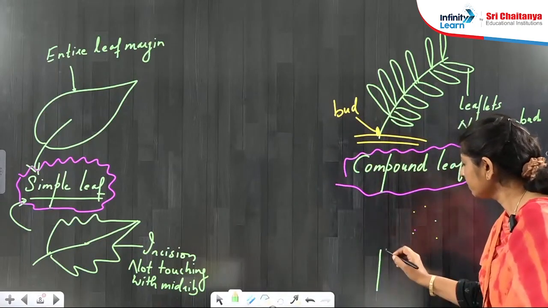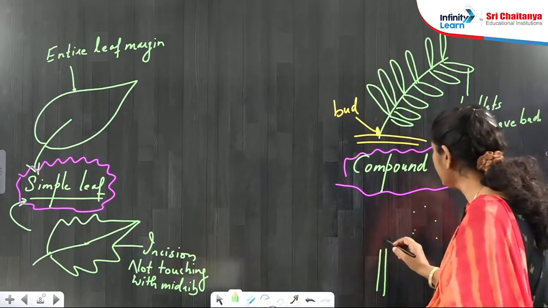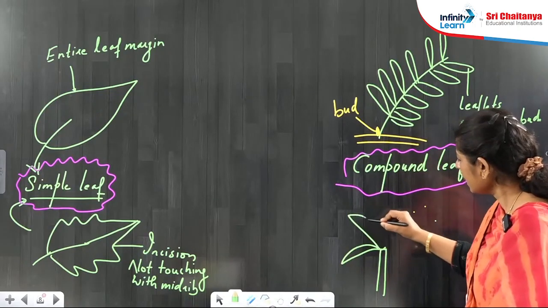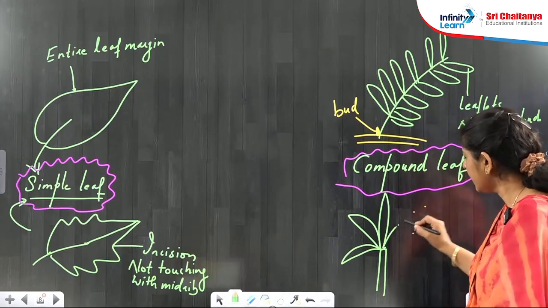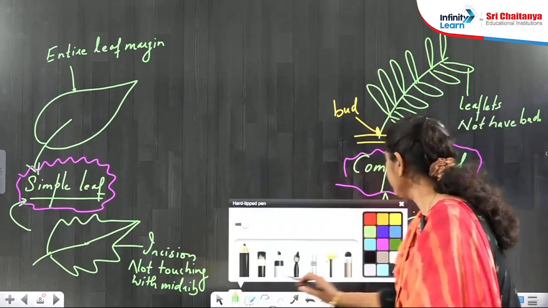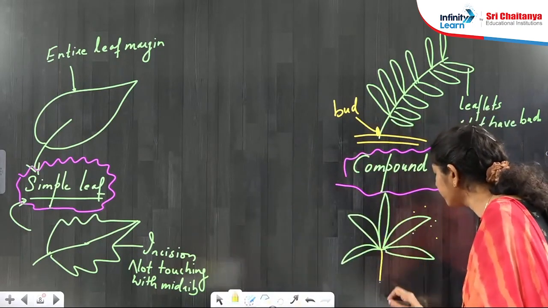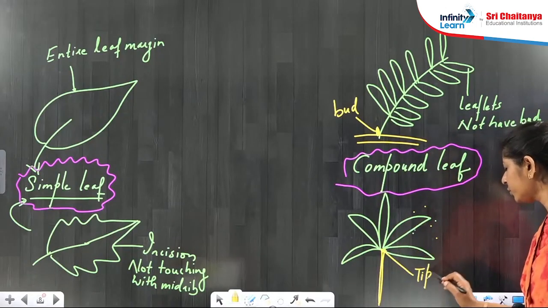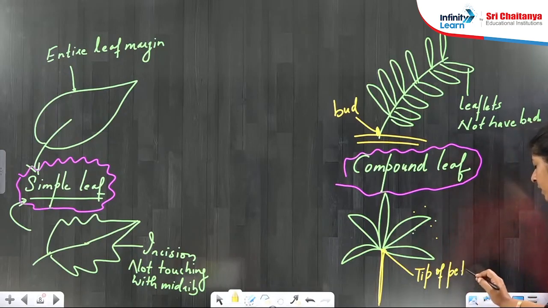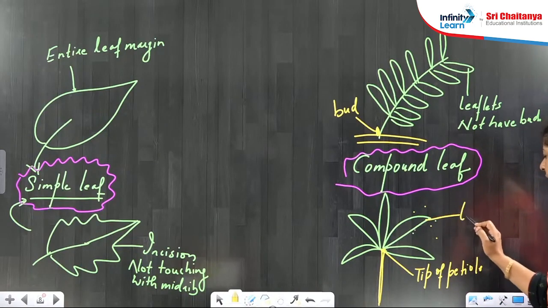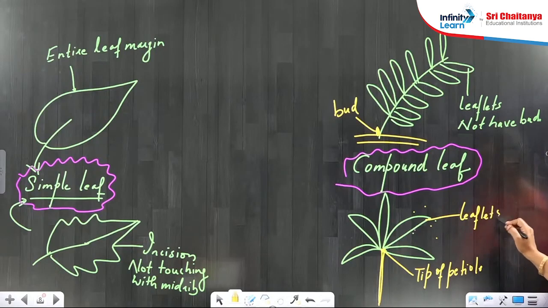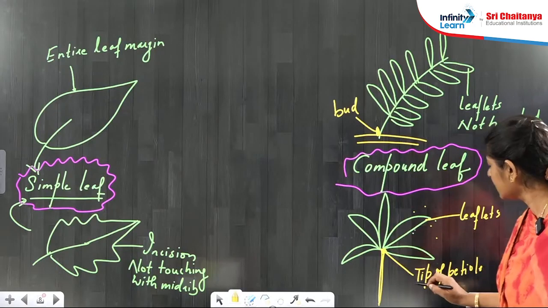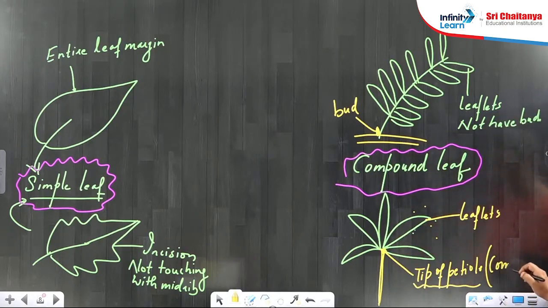If this is the petiole part, which is the stalk of the leaf, here the leaflets are coming out with deep incision and making the point of joining at a common point.